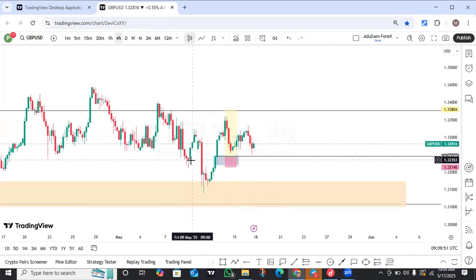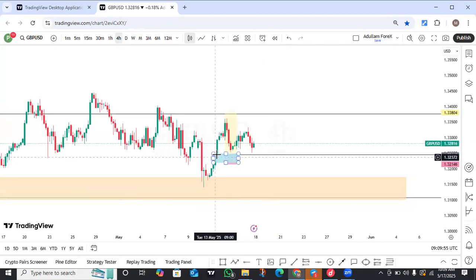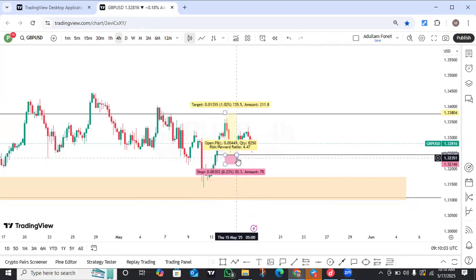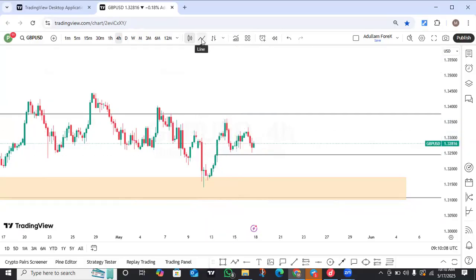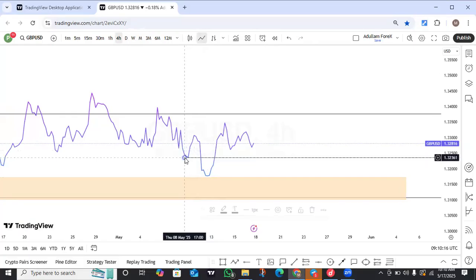This one looks like a potential Quasimodo right here, right? Let's remove this one. It was this week's setup, but price did not activate it. If you look at right here, you see this looks like a potential Quasimodo from here to this level, right?